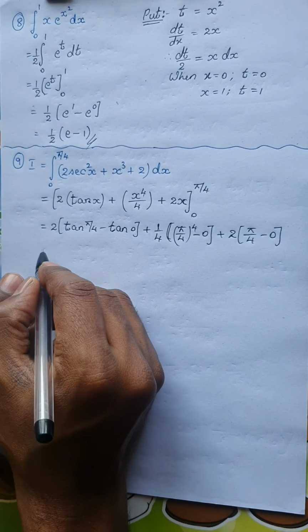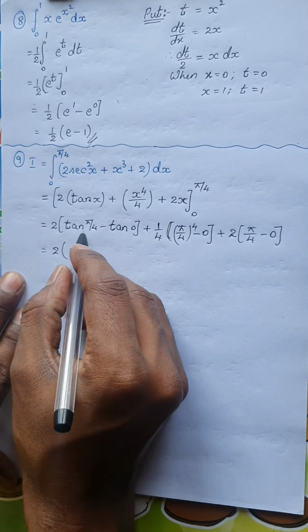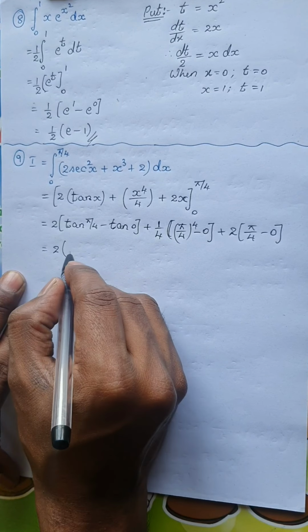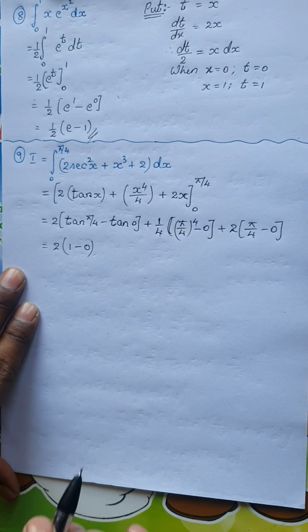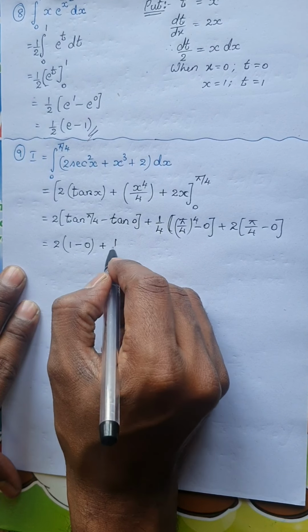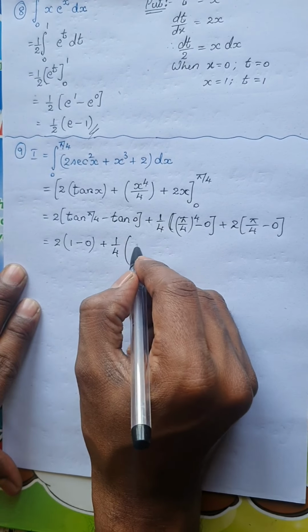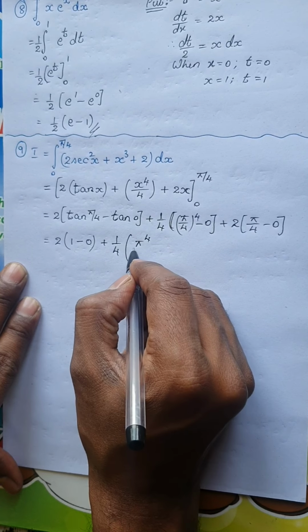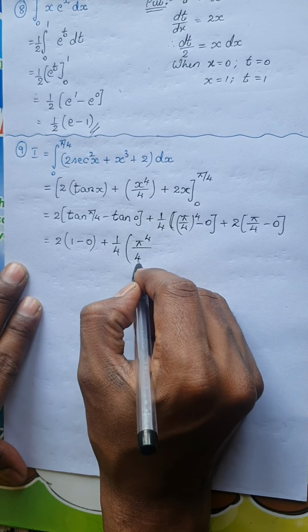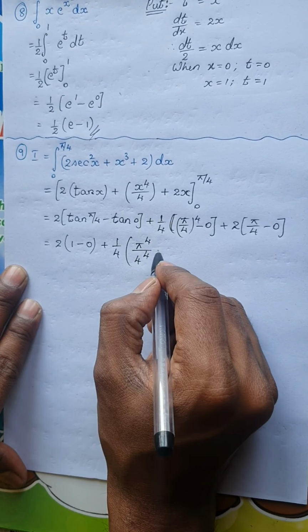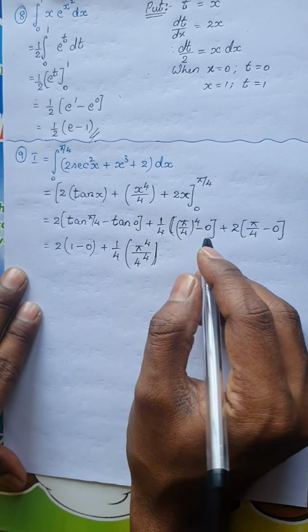Now see what happens. This is nothing but 2 into, now this is the standard value, tan pi by 4 is nothing but 1, minus tan 0 is 0. Plus 1 by 4 into, now pi power 4 would be pi power 4 itself, and this is nothing but minus 0. Let me not consider this.